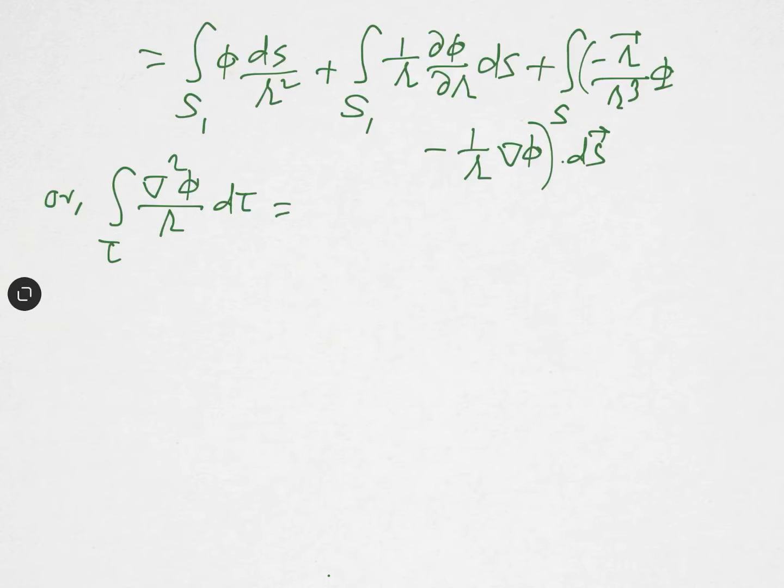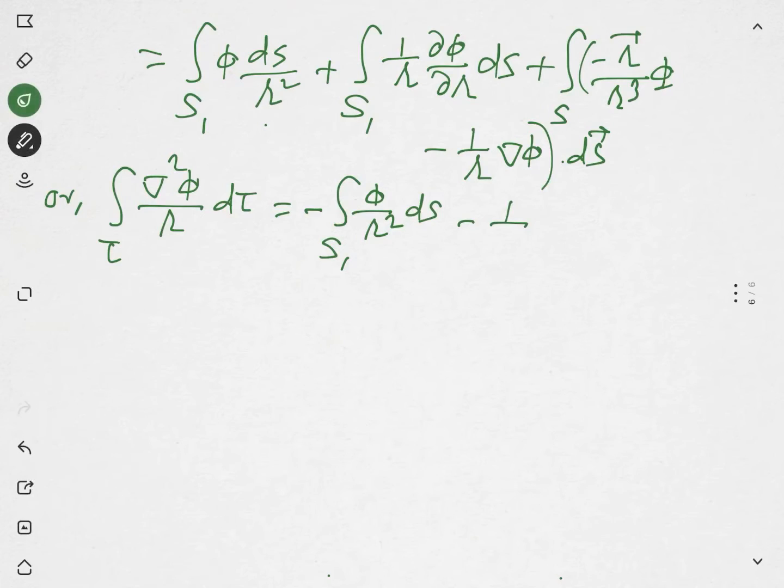As in LHS there was a negative sign, but I have dropped it, so let us put the negative sign in RHS and our result will become: minus integral over S1 phi over r square ds, this is this term, minus integral over S1 1 over r del phi by del r ds.